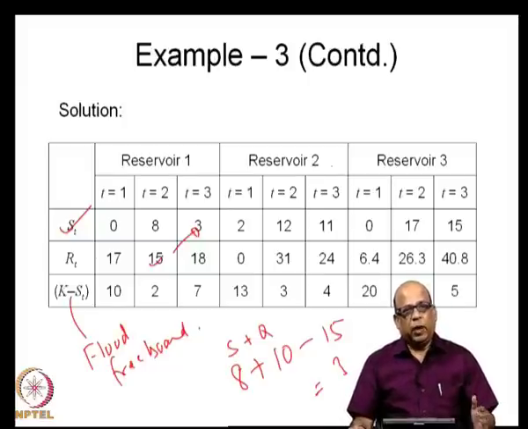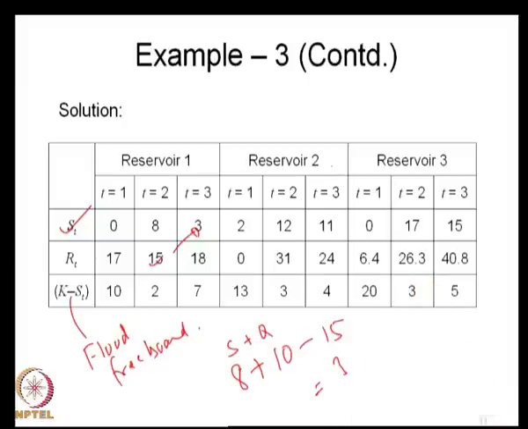Okay. So, to summarize what we did just now is to arrive at optimal operating policies for multi-reservoir systems, where the decision that you make at one particular reservoir is going to affect the decisions at other reservoirs, typically the downstream reservoirs, or typically the reservoirs to which this particular reservoir is connected.